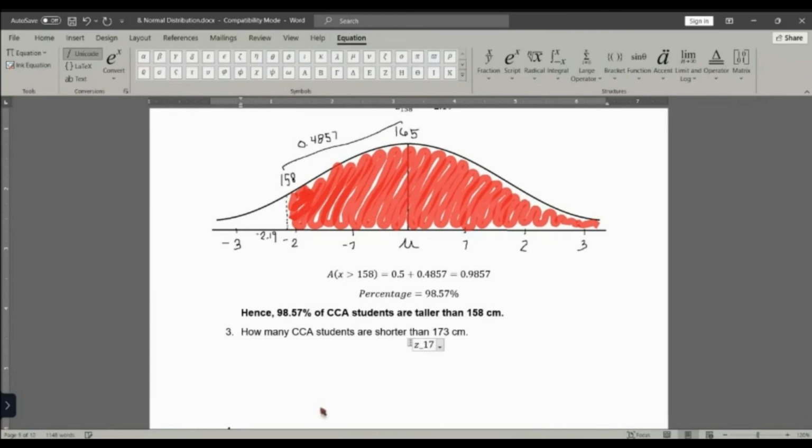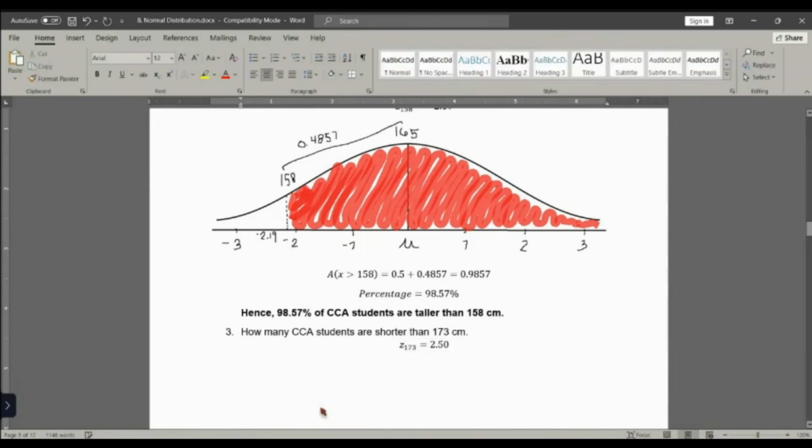Z-score? 2.5 po. 2.5 or 2.50. Next, illustration.